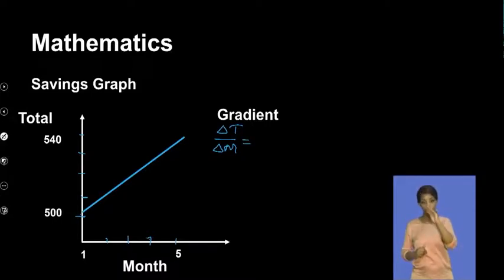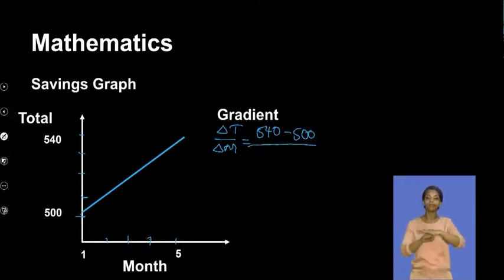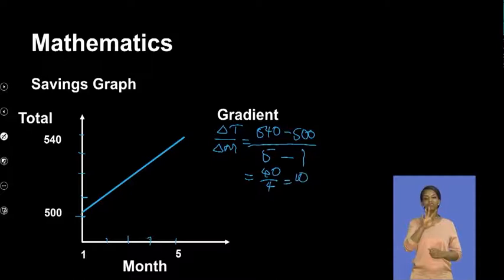So this will be 540 minus 500, divided by month 5, since they had 540 on month 5, minus month 1, since they had 500 on month 1. So this will equal 40 over 4, which equals 10, as you saw with the previous example in the table.